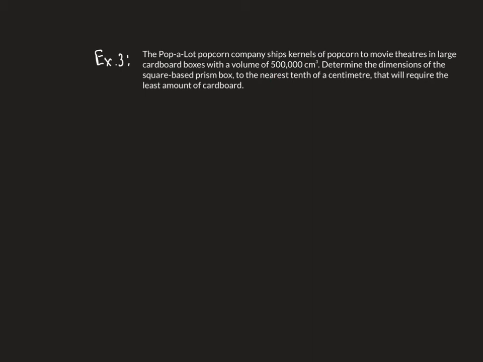Okay? Determine the dimensions of the square-based prism box to the nearest tenth of a centimeter that will require the least amount of cardboard. So least amount of cardboard. That means you want to minimize your material. So we found out on the other page that the best way for that to happen is for the length to equal your width to equal your height.